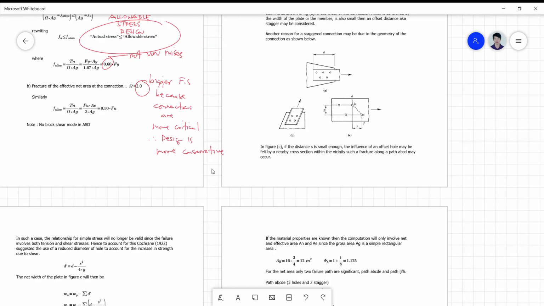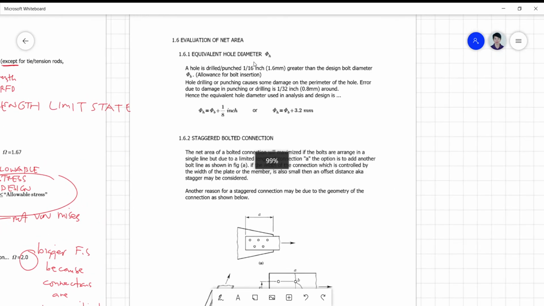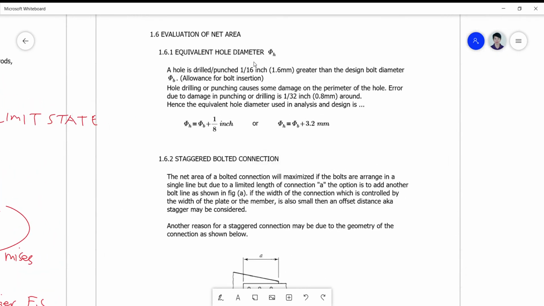Now, for the evaluation of the net area, a procedure as defined by the AISC is hereby presented.